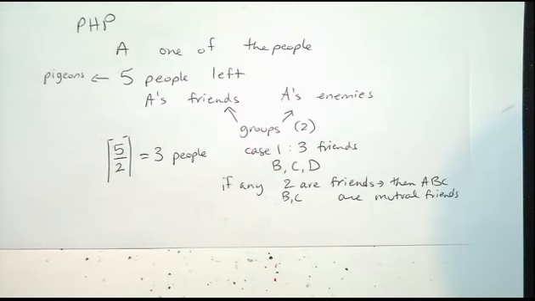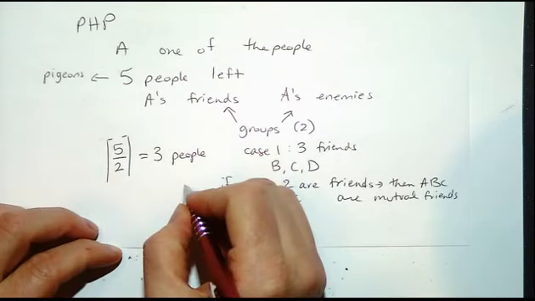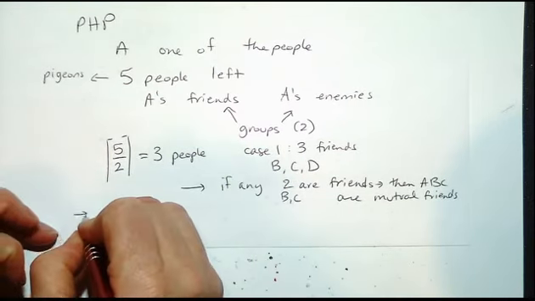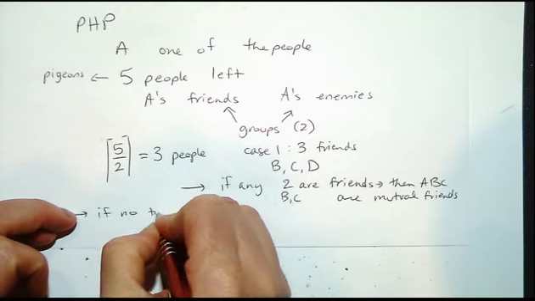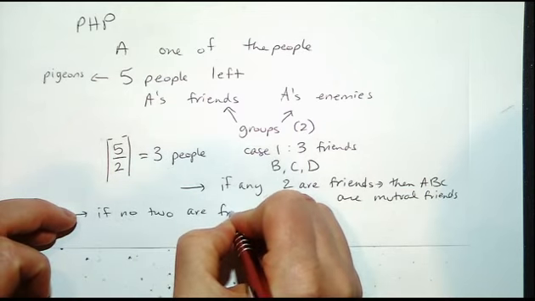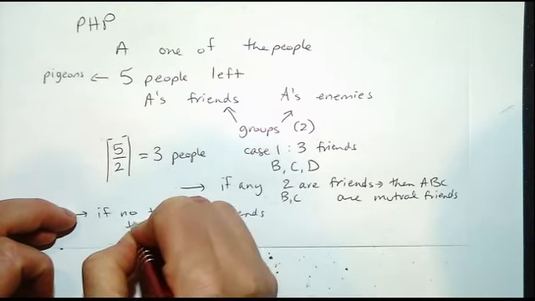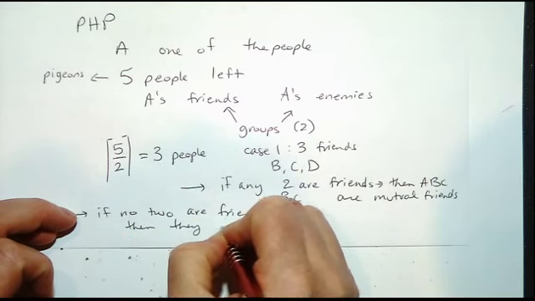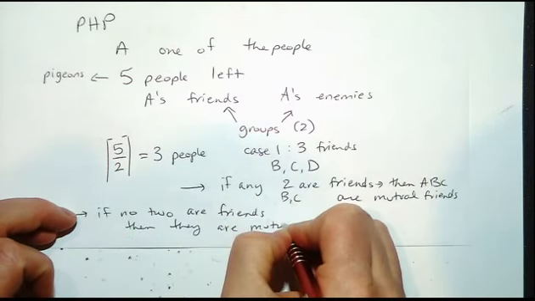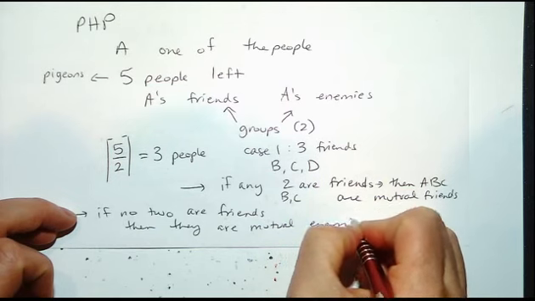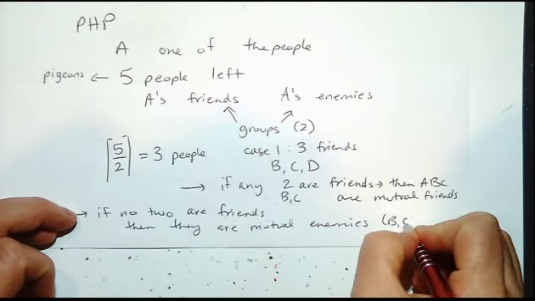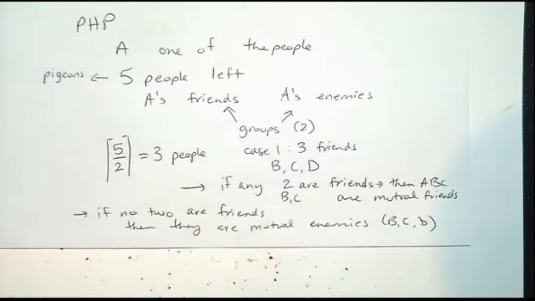If no two of them are friends, then what happens? And how many are there? Then they are mutual enemies, right? So we've actually broken it down.